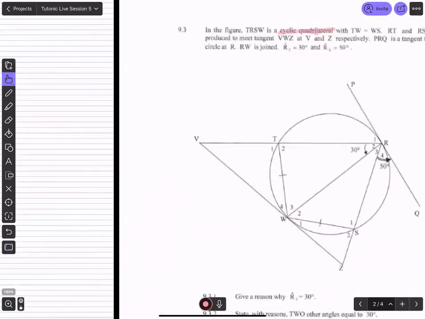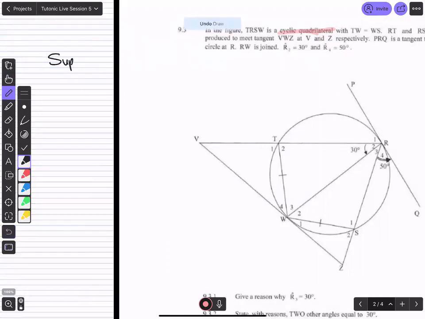What are the 3 properties of a cyclic quad? Quickly. Opposite angles are supplementary. Right? What else? The exterior angle is equal to the opposite interior. Right. And then the third one?